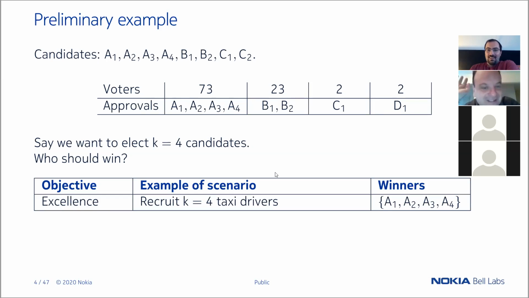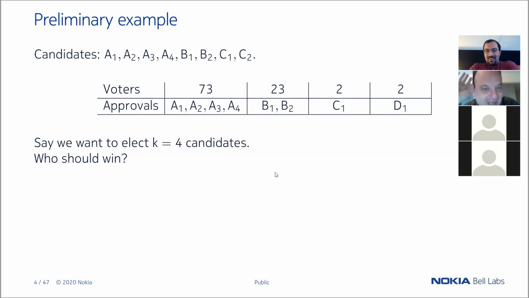First, imagine a situation. What seems natural to me is A1, A2, A3, A4, but maybe there are other criteria. In some situations, that's probably what you want to do. But could you imagine other winning committees that would be suitable in other situations?